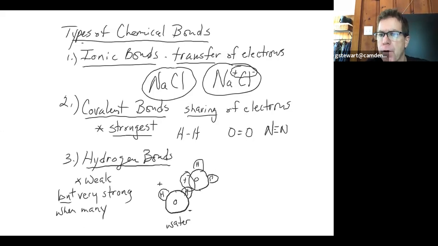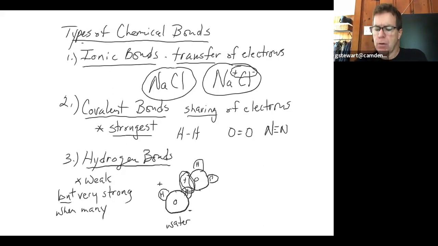That's how water molecules can hold together. If you spill a little bit of water on the floor, it puddles, it holds together. The individual molecules don't spray apart. It's these hydrogen bonds that are holding water together. All right, that's it on those bonds.